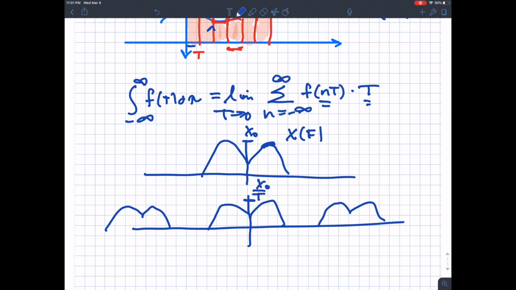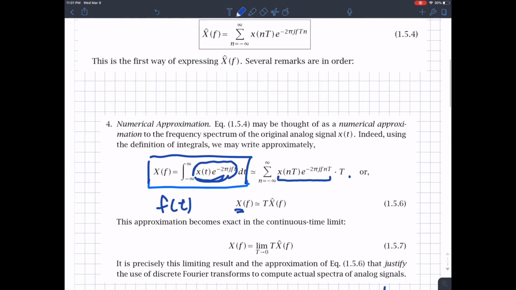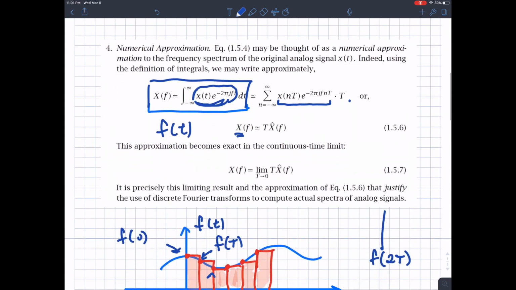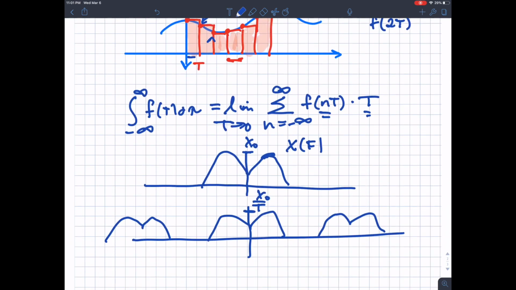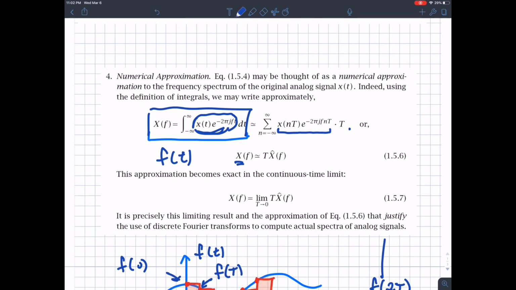So it does make sense, because what we're seeing here is you divide by T to get X hat of f, and if you multiply X hat of f by cap T, the T's cancel and you end up with a numerical approximation for the Fourier transform.